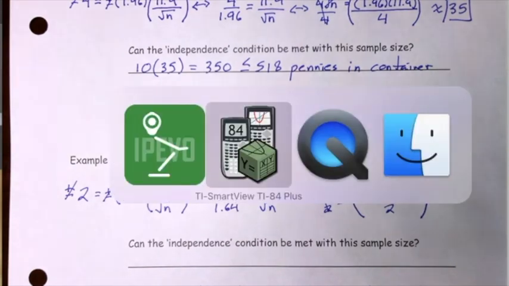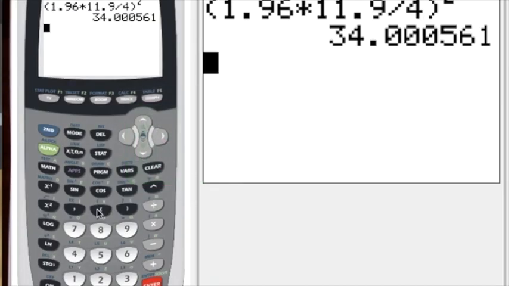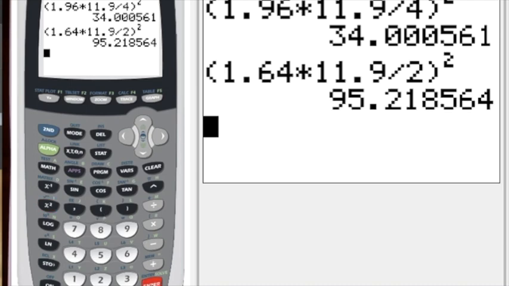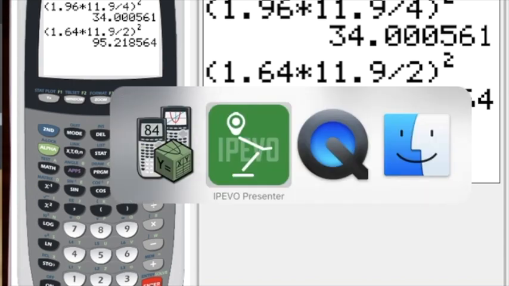So here we go. This time we'll take the 1.64, multiply that by the 11.9 and divide by our smaller margin of error that we desire. So we'll square this. This time, the 95.22 approximately, we need to round that up to 96.